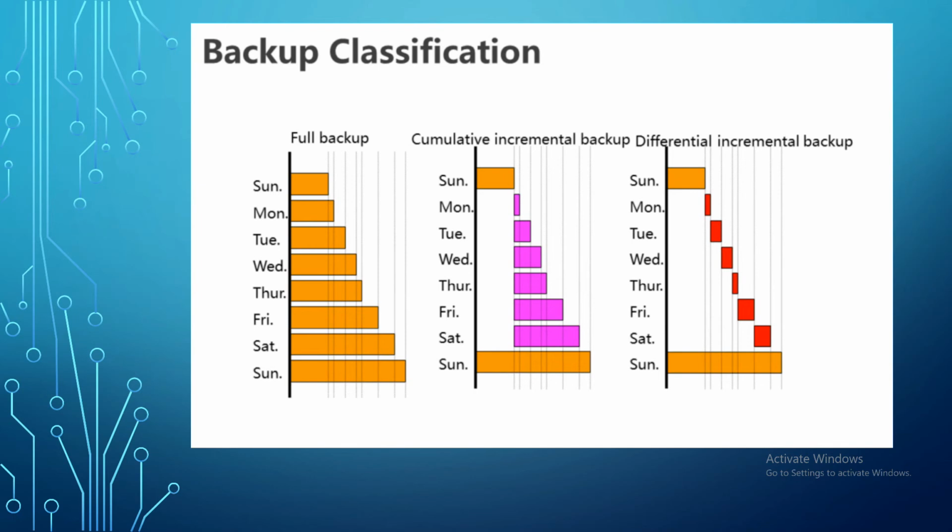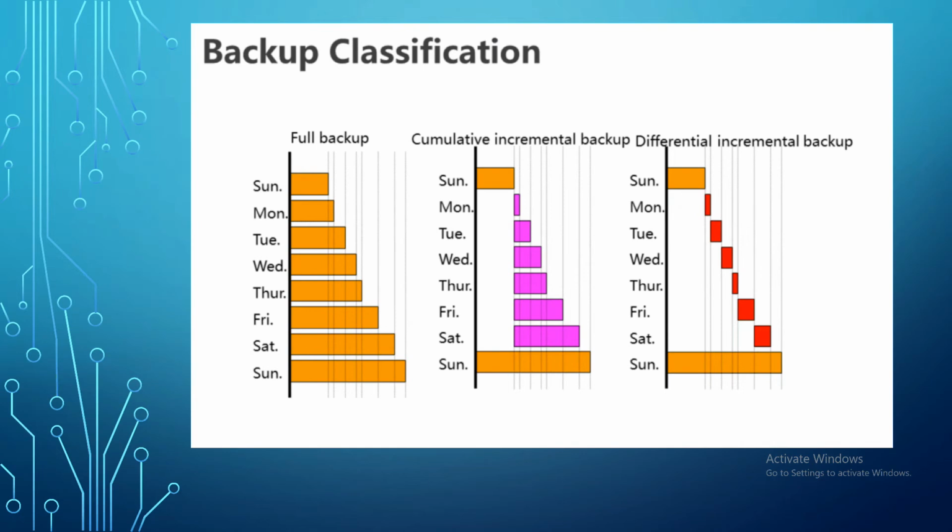So it has the Tuesday increment and Monday increment as well. So from Tuesday, Wednesday, Thursday, Friday, Saturday, if you go to the Saturday, you have the incremental backup including the Friday, Thursday, Wednesday, Tuesday, and Monday. So if you want to restore the backup, you need only to restore the full backup and the Saturday backup. So you can go towards your backup.